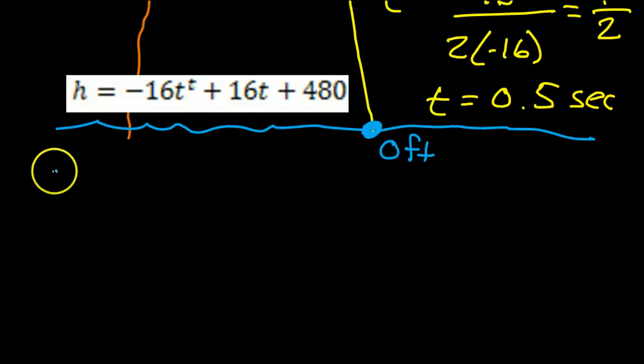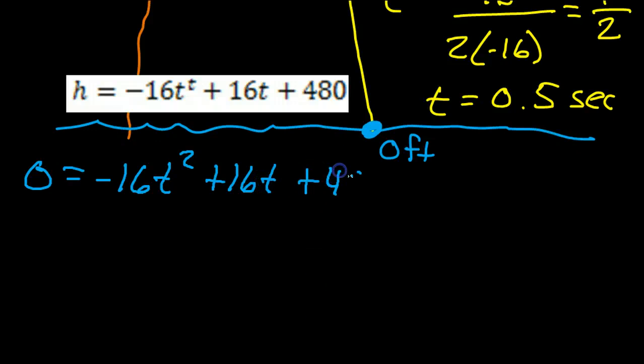If I do that, then I'm going to have 0 equals negative 16t squared plus 16t plus 480. So we can just use the quadratic formula.